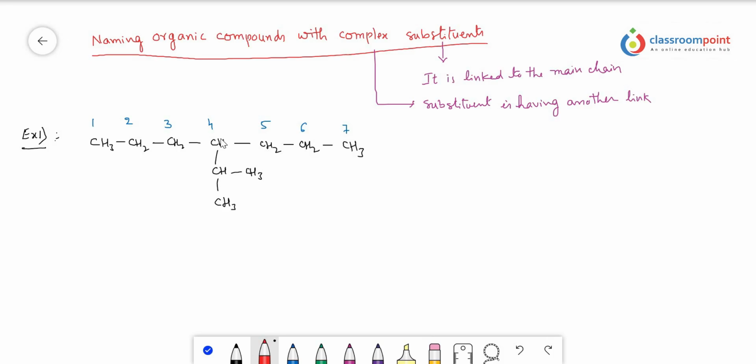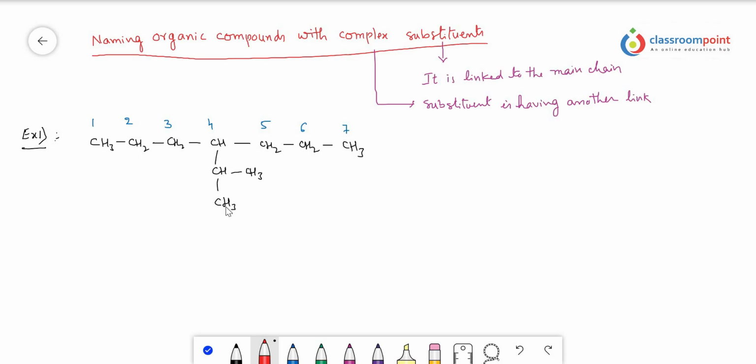And what about this one? There is a link at the 4th carbon to the main chain, which is called a substituent. If you see the substituent, again you have to give the numbering. Like we had given the numbering in the main chain, to the substituent also we have to start giving the numbering from the carbon that is attached to the main chain.